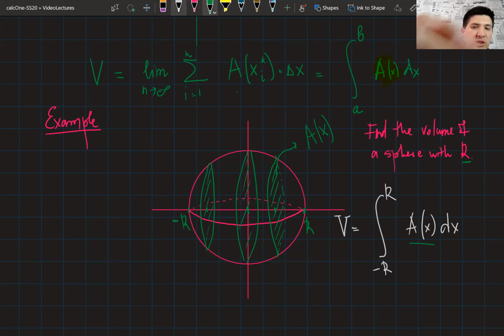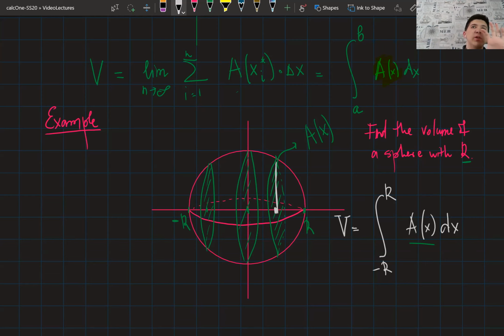So for example, if I choose this point here, what is going to be the area of the slice? So the slice actually is the circle. We don't really see this from here, but you can imagine that if you got a ball and if you make a slice, you will get a circle there, right?